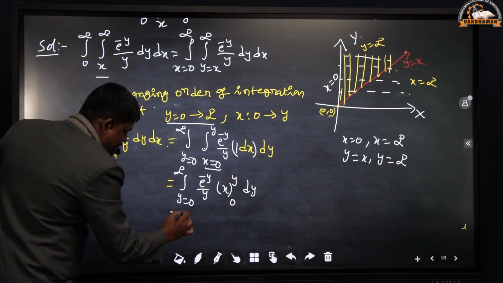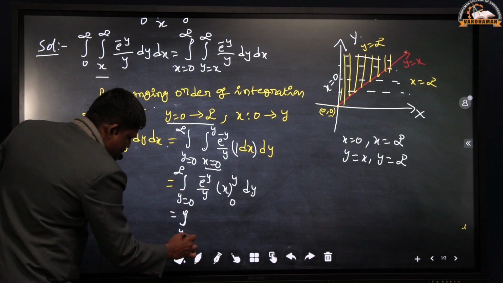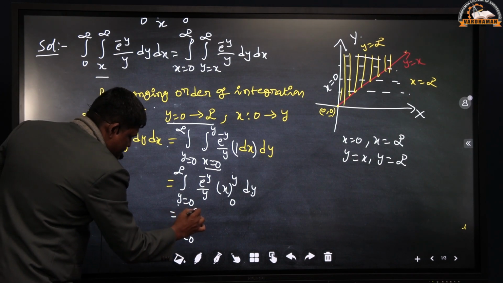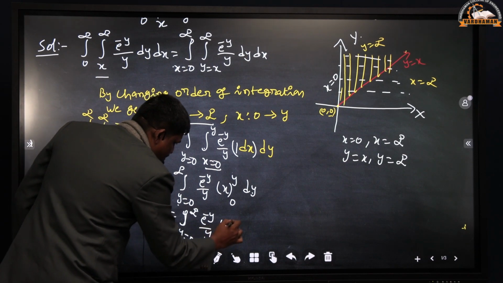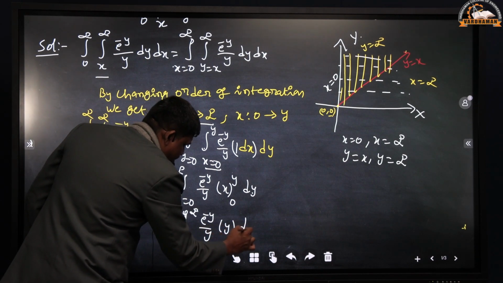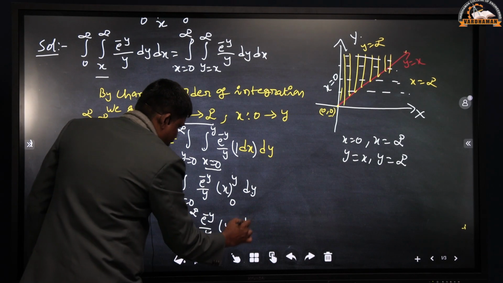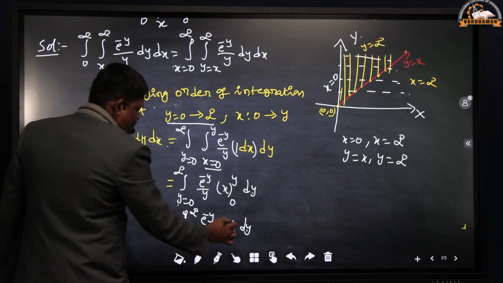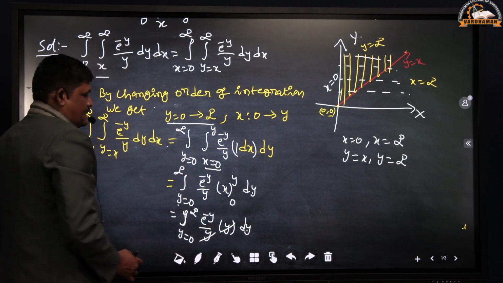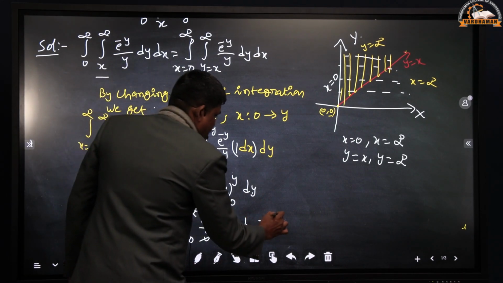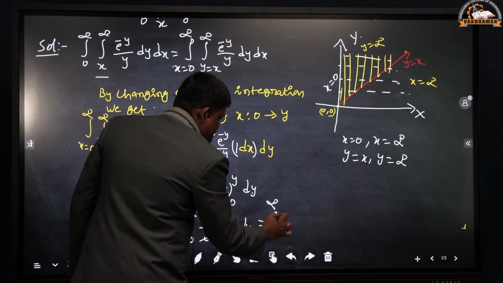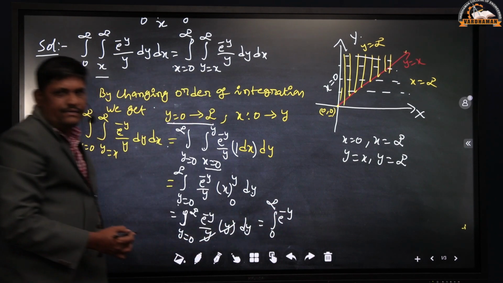Substitute the upper limit y; the lower limit 0 is not required. Now y will cancel, and you get the integral from 0 to infinity of e power minus y dy.